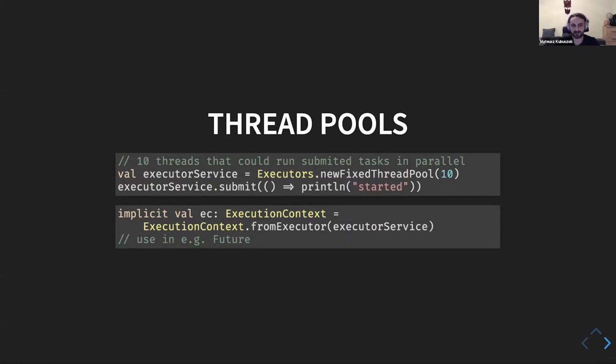But because this will be pretty mundane for us to do manually, this is where a lot of Scala frameworks came in and started wrapping it around and providing us some nice abstraction over it so that we wouldn't have to do this ourselves. So for instance, execution context is basically a Scala-specific wrapper for Java thread pools.